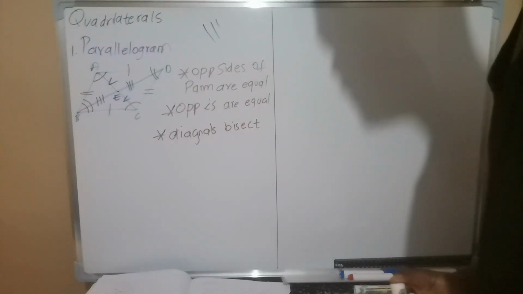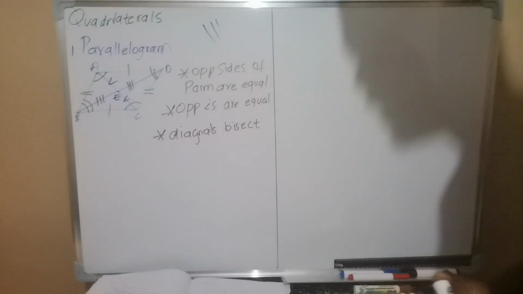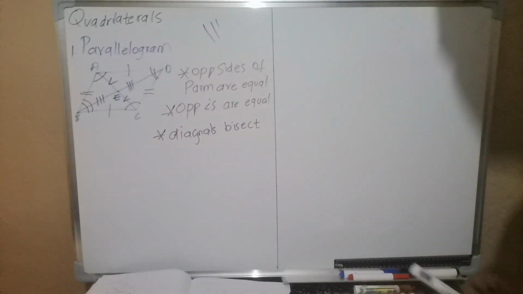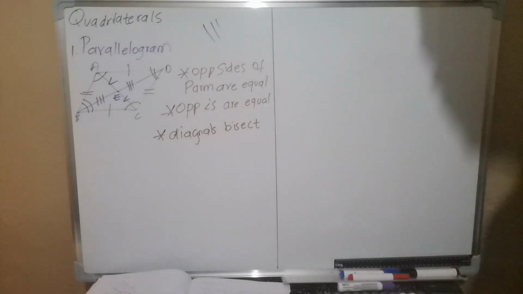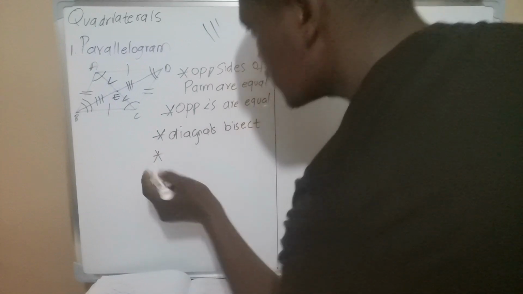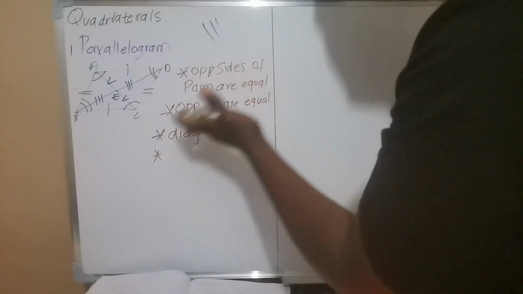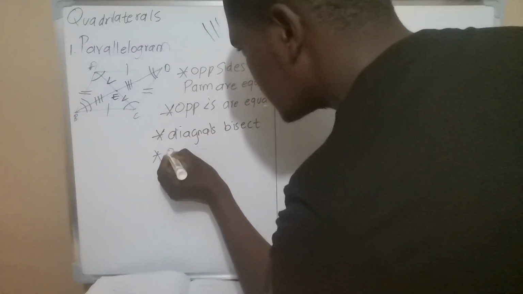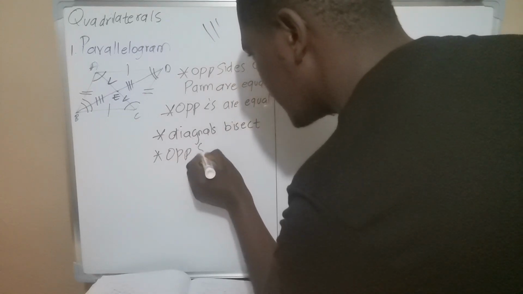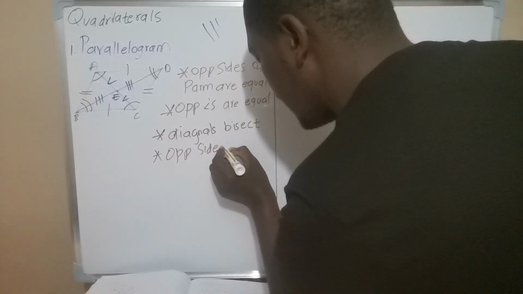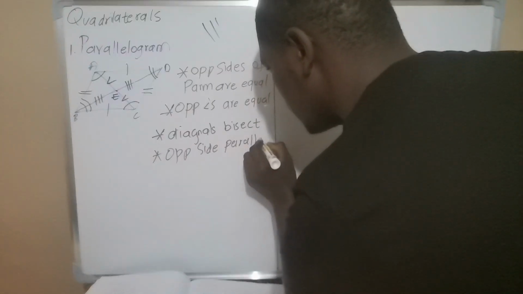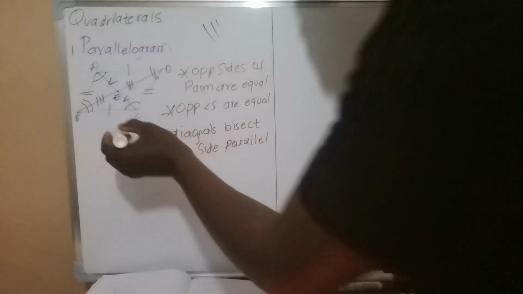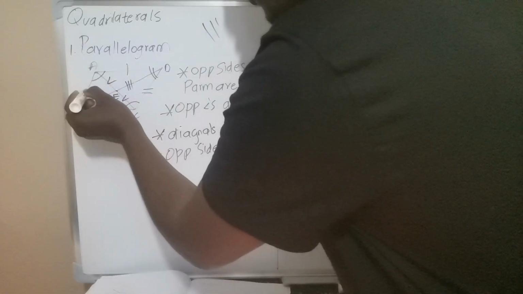They are saying one pair of sides equal and parallel. We just talk about sides that are equal. Then opposite sides are parallel. Opposite sides are parallel in a parallelogram.